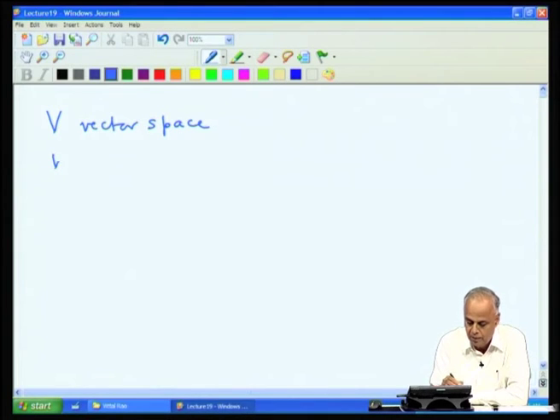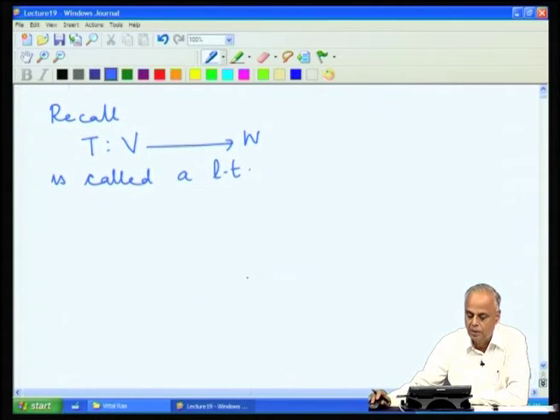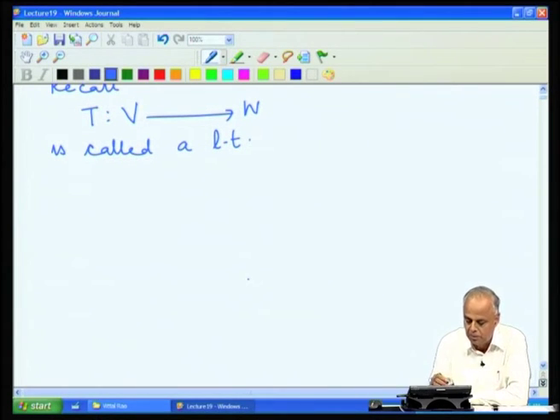and a vector space W. Both are vector spaces over a field F, and recall that a transformation from V to W is called a linear transformation if it preserves the basic algebraic operations in the vector spaces.